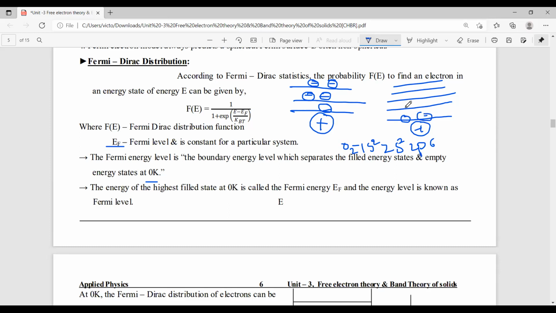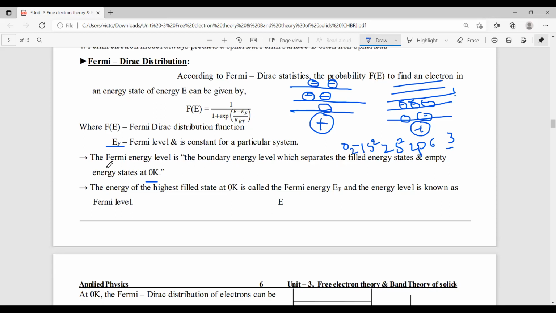In the second energy level, we have 8 electrons. And what about the third energy level? It is empty. Then at 0 Kelvin, the third energy level separates the filled energy levels and empty energy levels. So automatically the third energy level is nothing but the Fermi energy level. This is one example only.